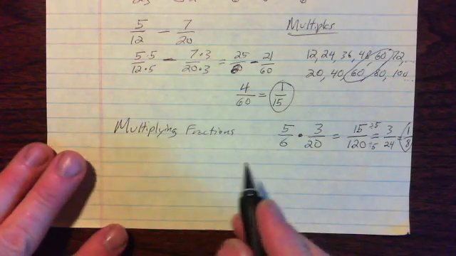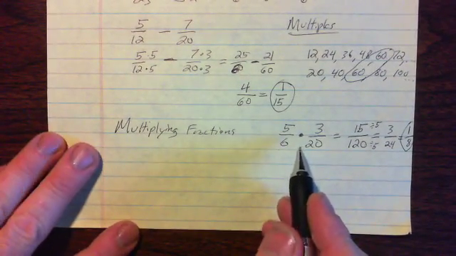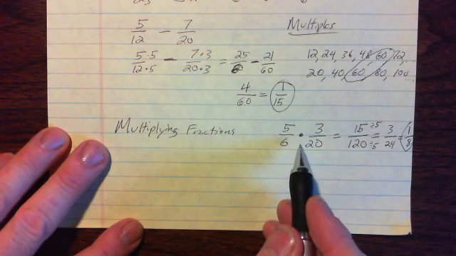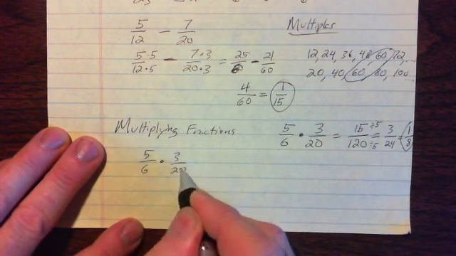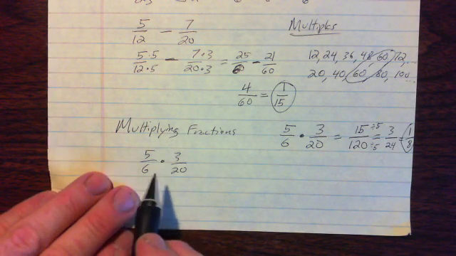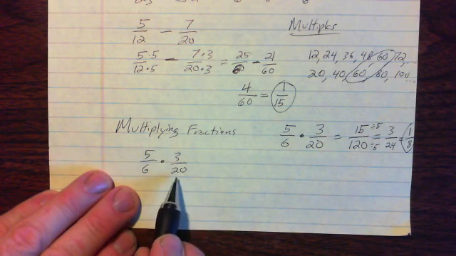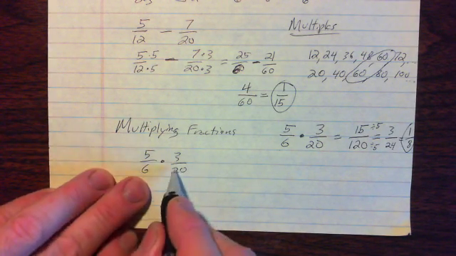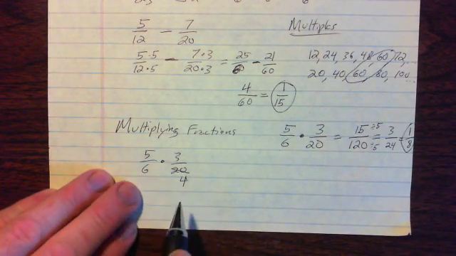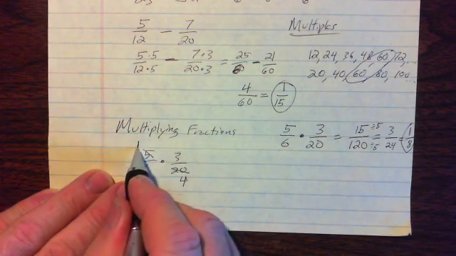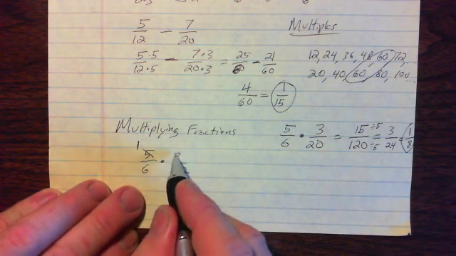Now, next thing, some of you might have noticed that we could do some cancellation. If I had 5 over 6 times 3 over 20, and I did some cancellation, now the 5 is on top, and 5 goes into 20, so I can divide 20 by 5 and get 4, divide 5 by 5 and get 1.